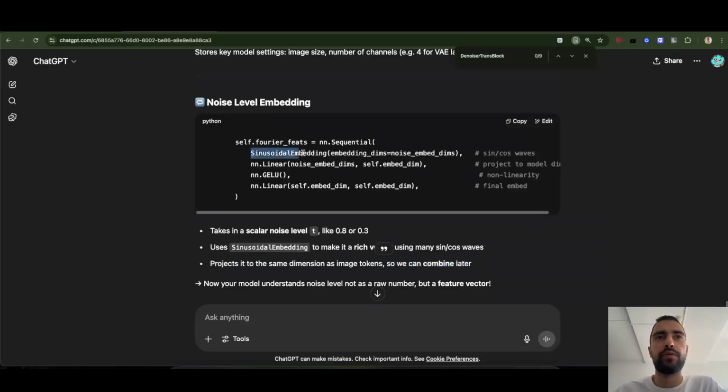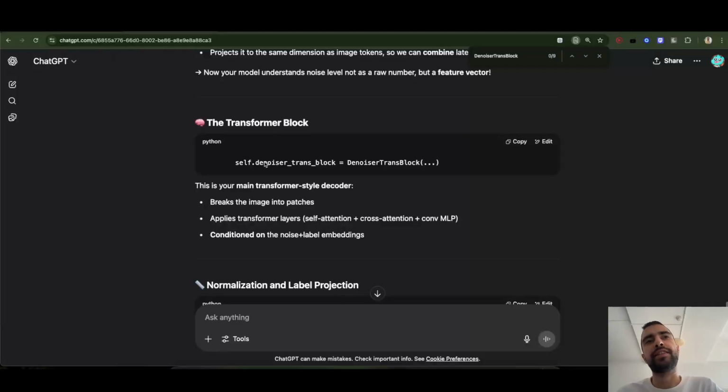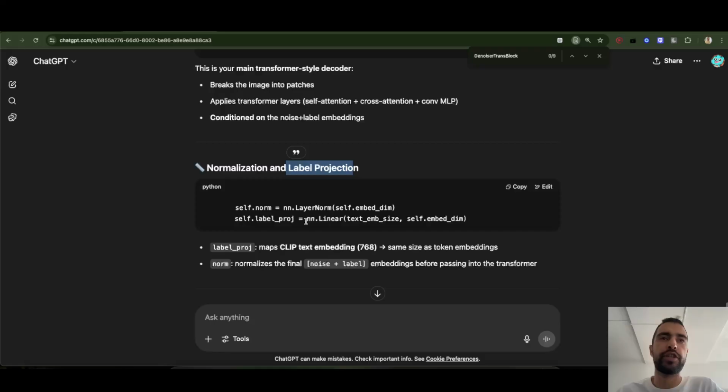So this is what we already have. And then we project noise embedding dimension into the embedding dimension of the image patches, GELU, and then again a final projection. Maybe this will also learn something. We have this middle layer, so that will learn something. Now your model understands noise level not as a raw number but as a feature vector. Then we initialize this DenoiseTransformer block, normalization and label projection.